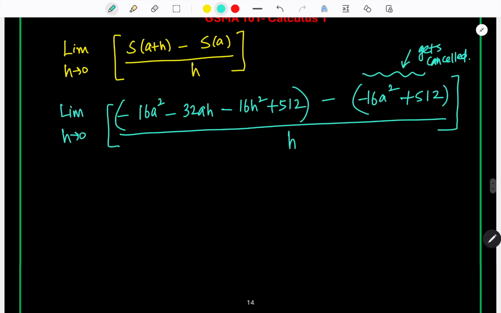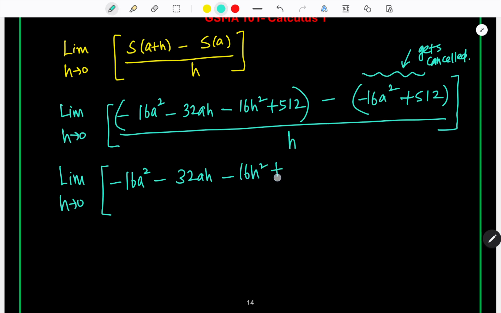Keep in your mind. So this equals limit h goes to 0, bracket open, minus 16a square minus 32ah minus 16h square plus 512. Take this minus inside.